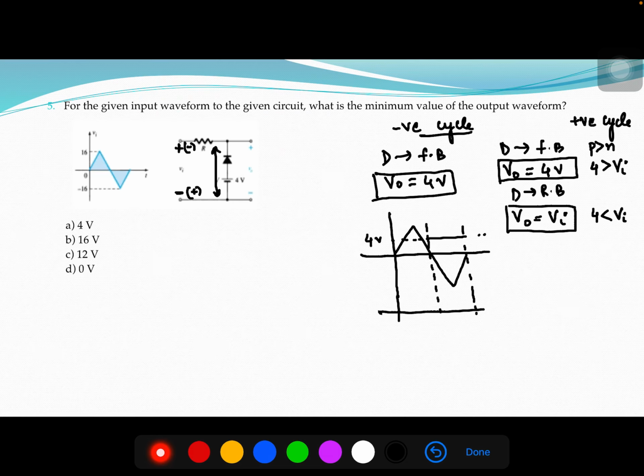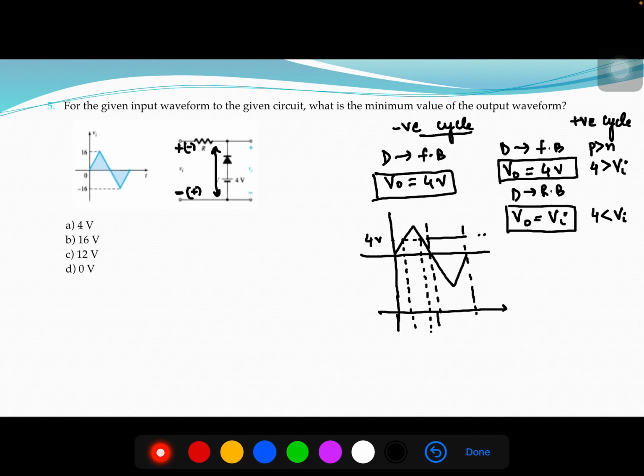For the positive cycle you have two cases. In the first case the diode will be forward, in the second case the diode will be reversed. So first of all you need to make two portions in the positive cycle itself. Those two portions are drawn in such a way that wherever your battery cuts the input waveform, just draw two lines from there below.